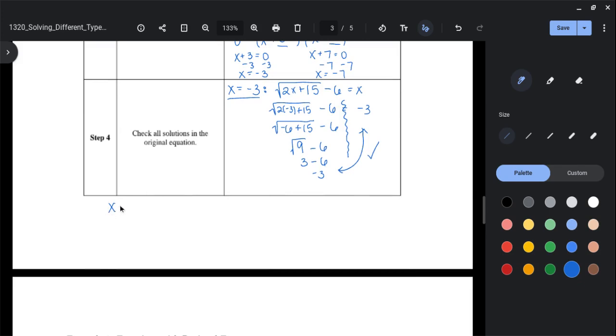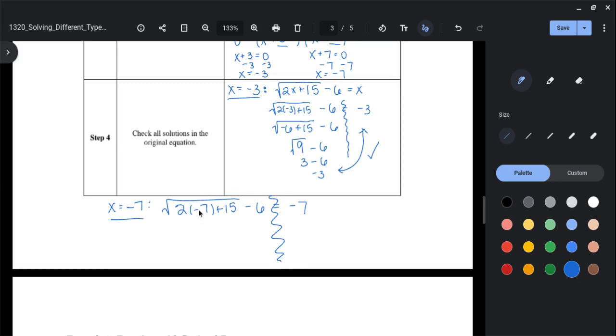Well, what about for x equals negative 7? So let's check the same way, using our original equation. Everywhere I see an x, I am now going to replace it with a negative 7. Again, I don't know if this is true. I need to solve one side at a time and then compare.